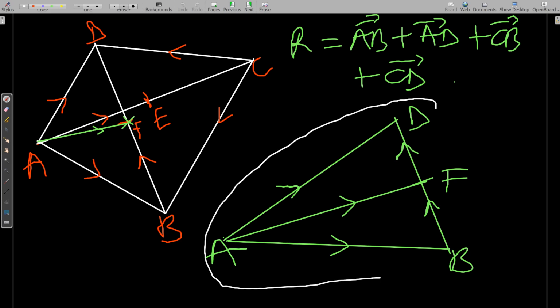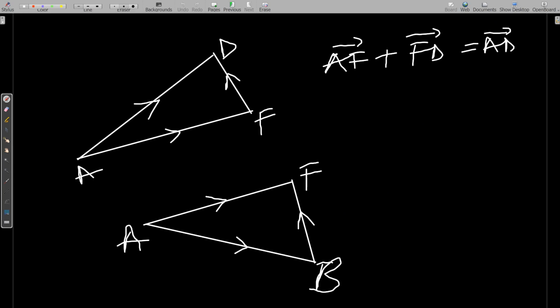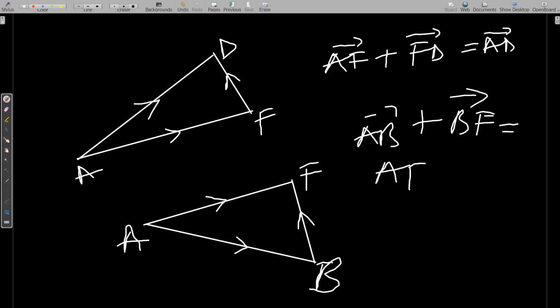This is a triangle, the big triangle. I divided it into two. I divided it into the triangle AFD, and also into ABF. So ABF is the new one we are working with. With this particular one, you can say that AB plus BF should be equal to AF.